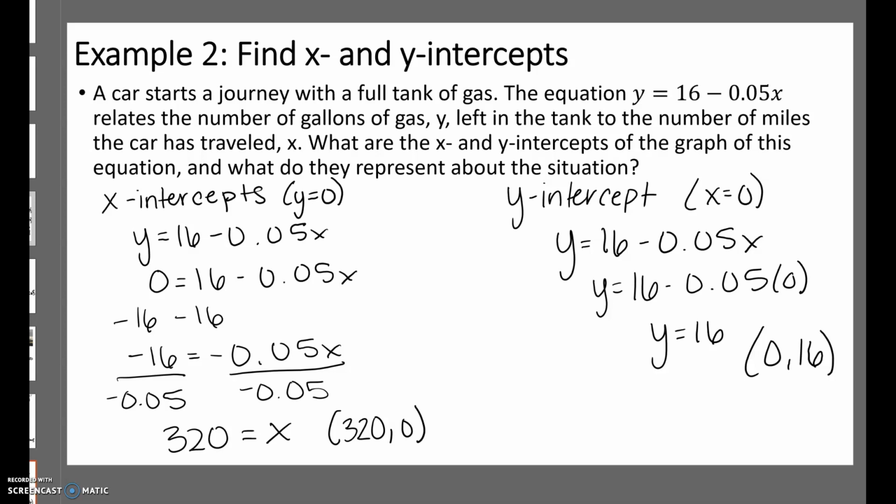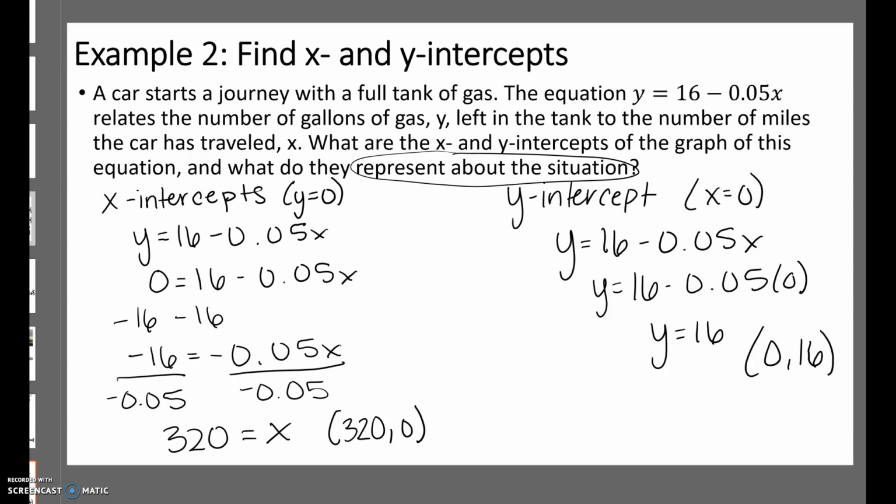And then it says, what do they represent in this situation? Well, in this situation, y is the gallons left in the tank after the number of miles, and x is the number of miles it's traveled.